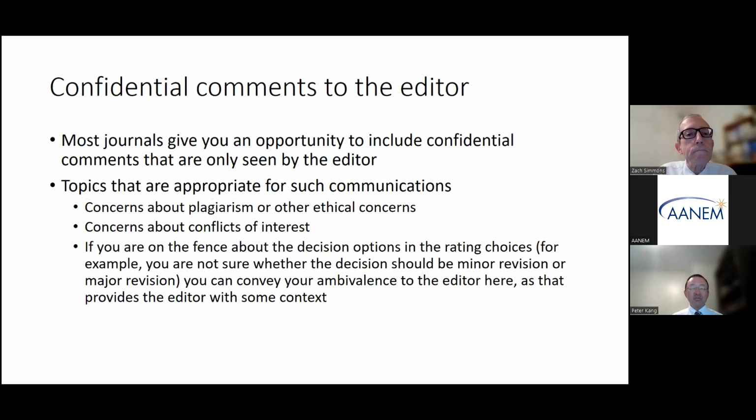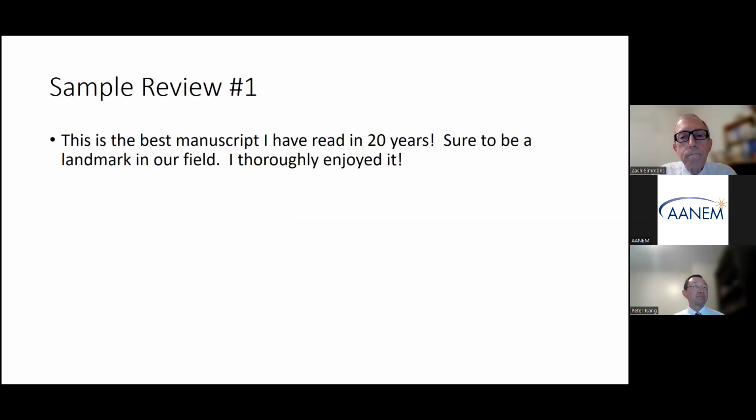Appropriate topics include concerns about plagiarism or other ethical issues, and concerns about conflicts of interest. If there's other things that you want to discuss with the editor, such as you're not really sure if this should be a minor revision or a major revision, this is a spot where you can convey this and give that editor some context.